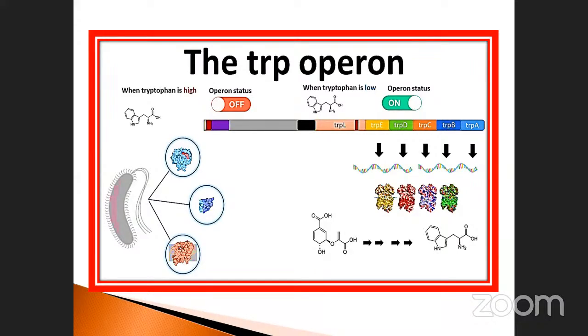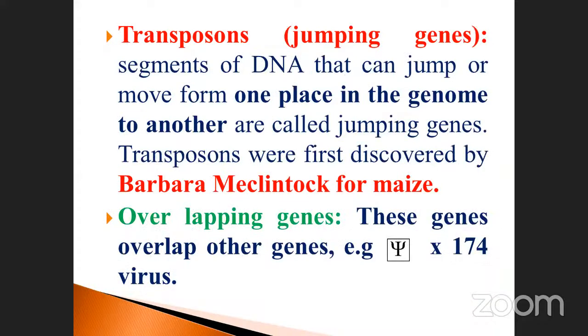The next one is transposons, or jumping genes. This is very, very important, my dear students. Many times the question has been asked: what is meant by jumping genes? A segment of DNA that can jump or move from one place in the genome to another place.